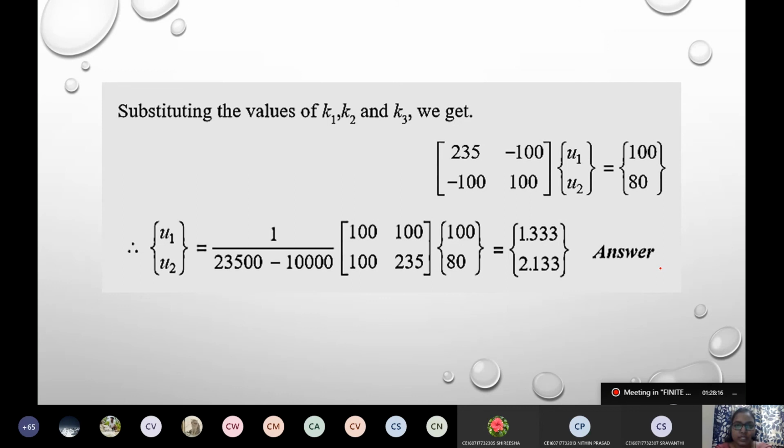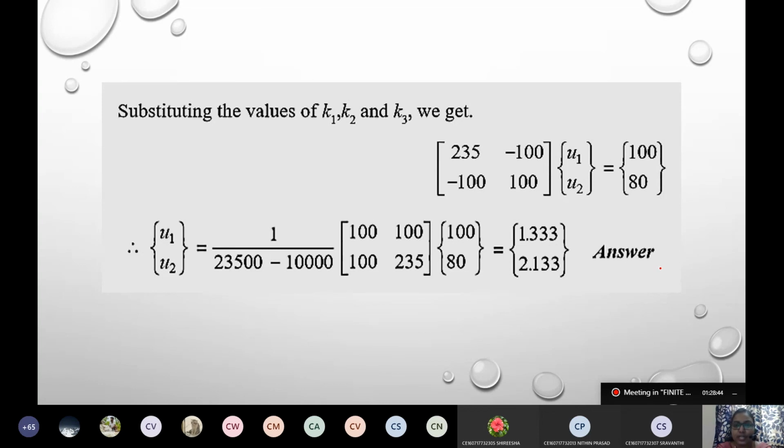So we could see in this problem how numericals are solved, right? Just forming the equilibrium equations or the matrix form will not end the problem. If the question is only to form the equations, very well, we are done with the solution. If the force values and stiffness values are already given to you, then you should be able to give the answers for U1, U2.